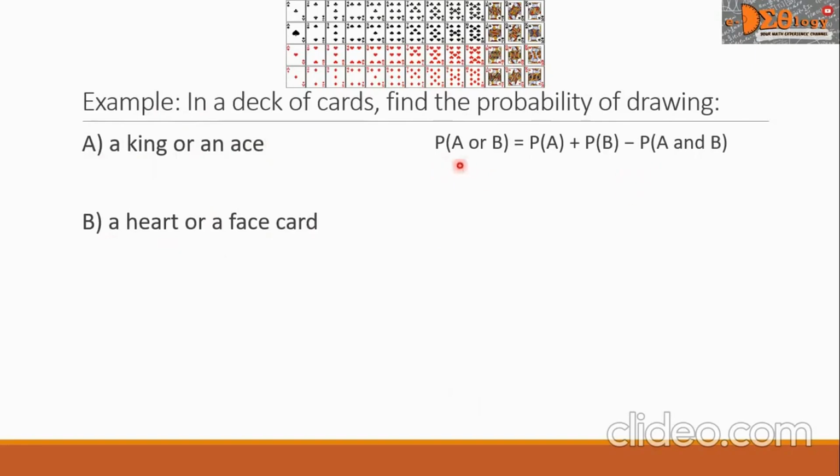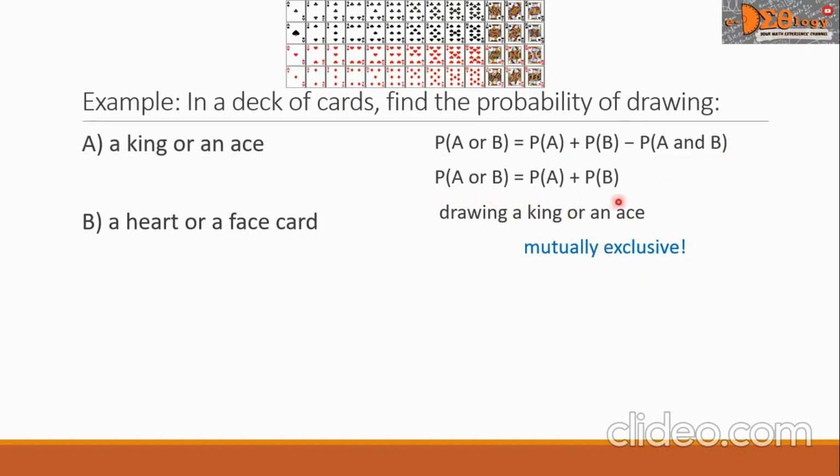The P of A or B equals P of A plus P of B minus P of A and B. But drawing a king or an ace is a mutually exclusive event. It means the formula will be simplified into this: P of A or B equals P of A plus P of B.